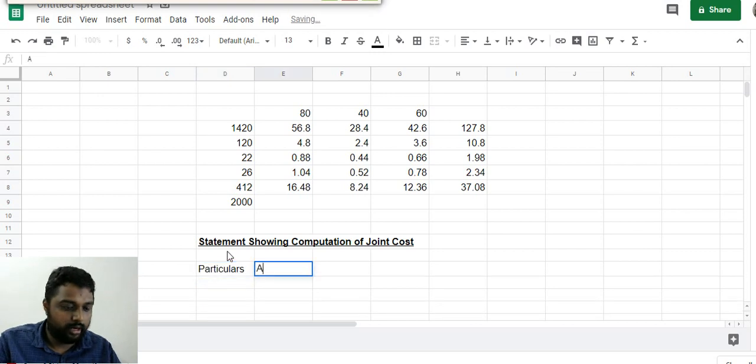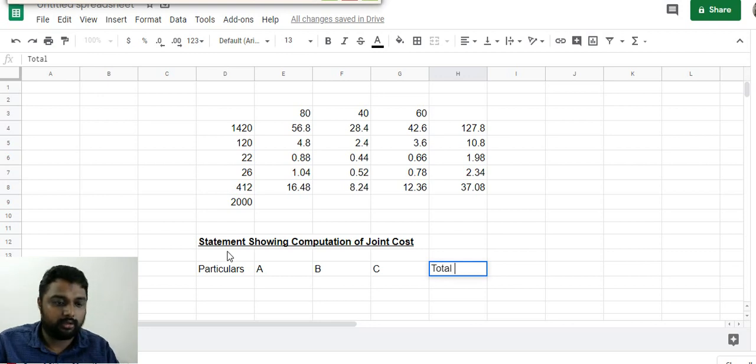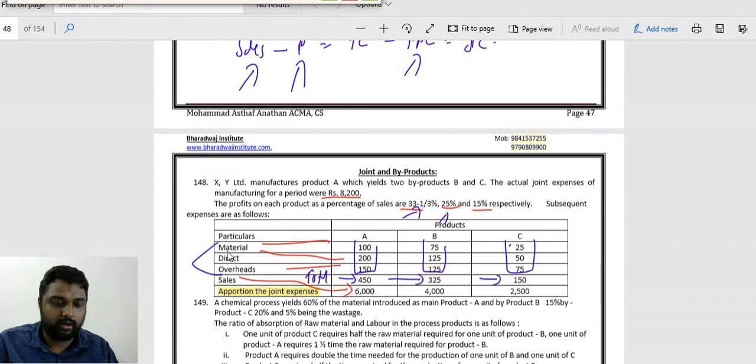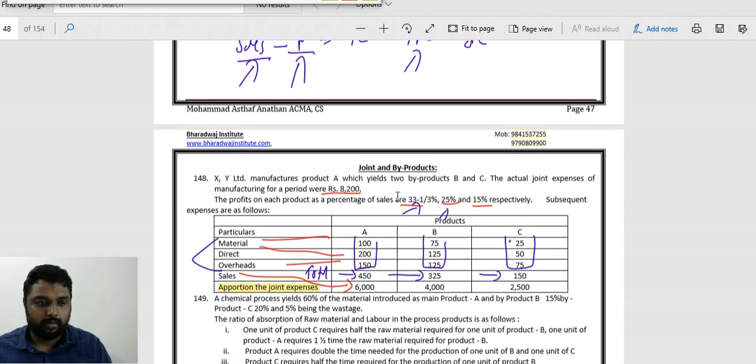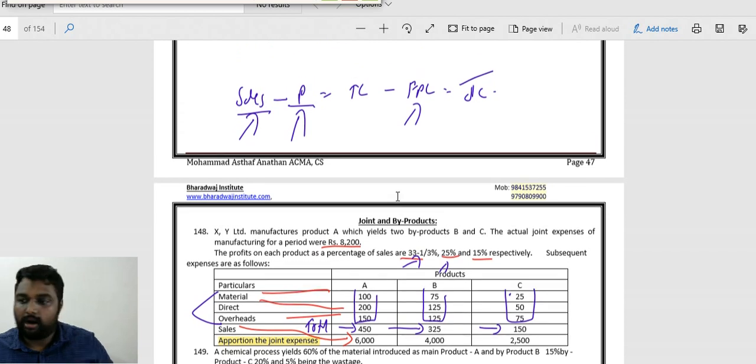What are the products? A, B, C. First, we have already discussed how to find out the reverse cost. We have our sales, we have our profit. If you minus, we will get what? Total cost. Then if you reduce the further process cost, we will get what? Joint cost.